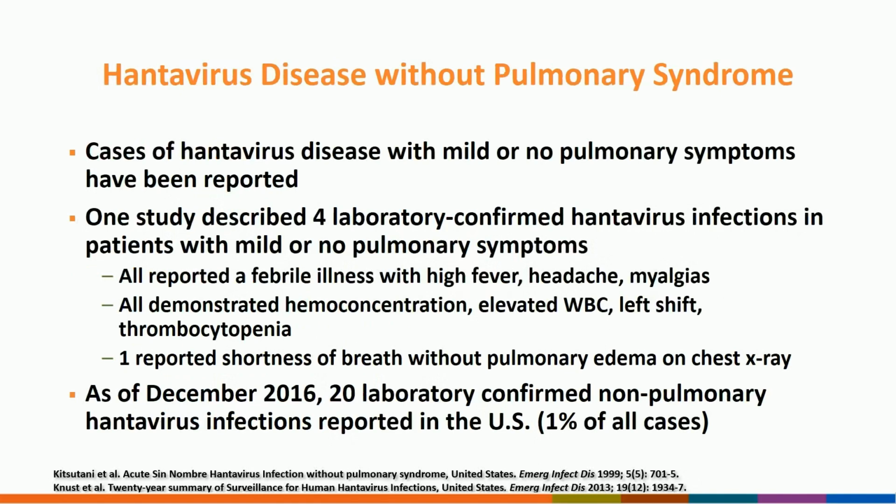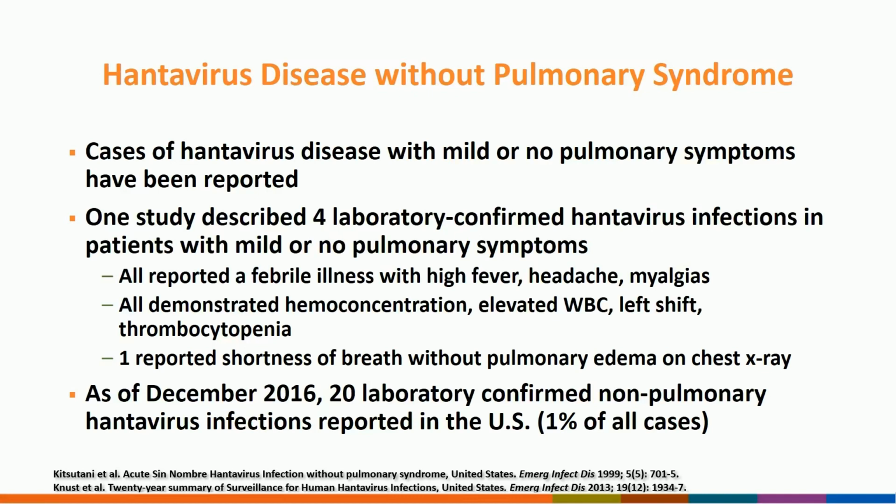Cases of hantavirus disease with mild or no pulmonary symptoms have been reported. One study described 4 laboratory-confirmed hantavirus infections in patients with mild or no pulmonary symptoms. All 4 patients reported high fever, headache, and myalgia. All 4 patients also demonstrated hemoconcentration, elevated white blood cell count with a left shift, and thrombocytopenia.